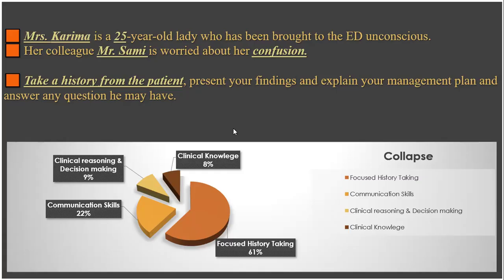Can you tell me more? What happened? Yeah, I was in the factory and suddenly I collapsed. So you told me you were in the factory and suddenly you collapsed.